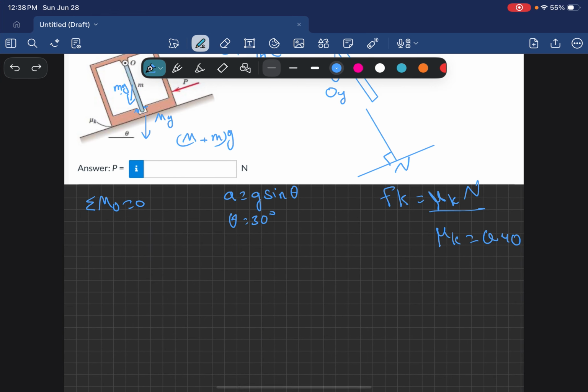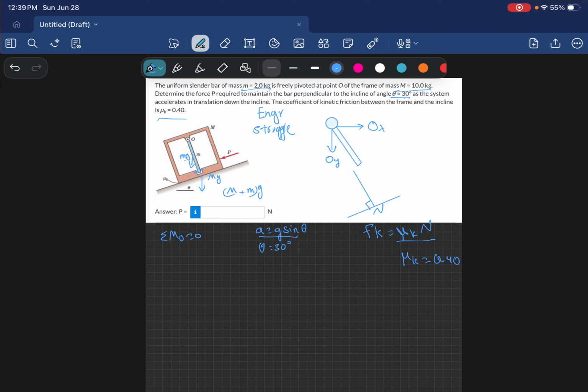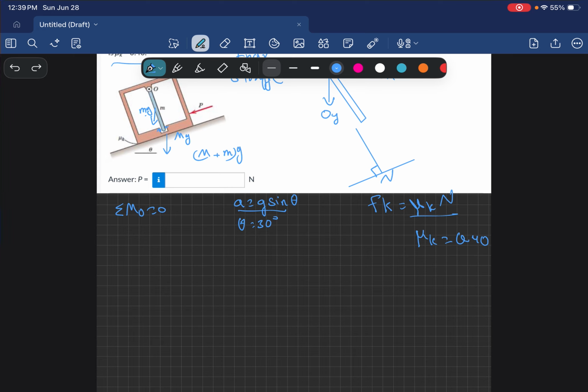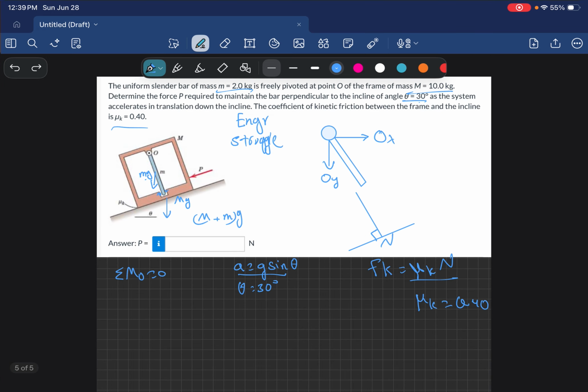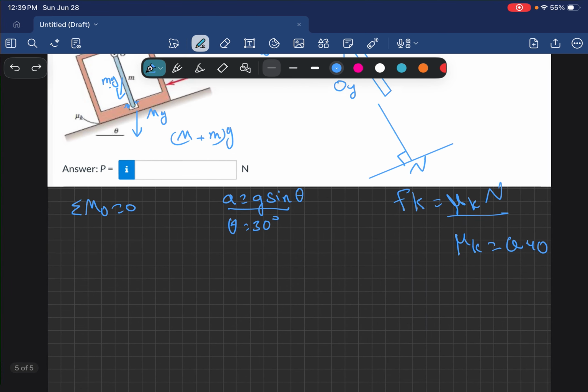That gives us this A, which is the acceleration in translation of a down-inclined member. For that, we need to use the frame plus the bar as one body. I mean, not a rigid body, but just as a body.